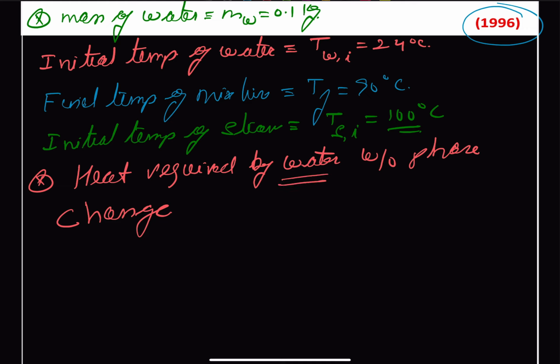And we can say that this Q of W will be equal to mass of W, specific heat of the W, and final temperature minus initial temperature of the water, that is TWI.